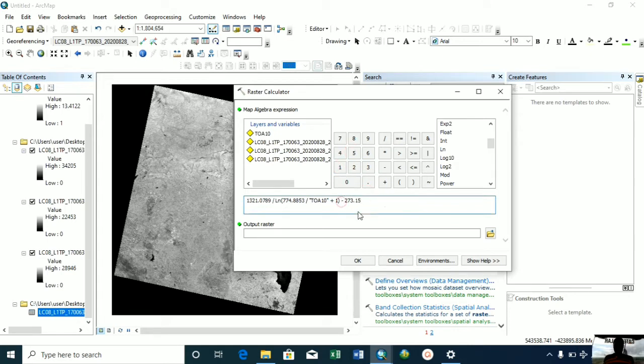Here you have to close the bracket again, and also here you have to close the bracket. So this one will be the brightness temperature of band number 10.